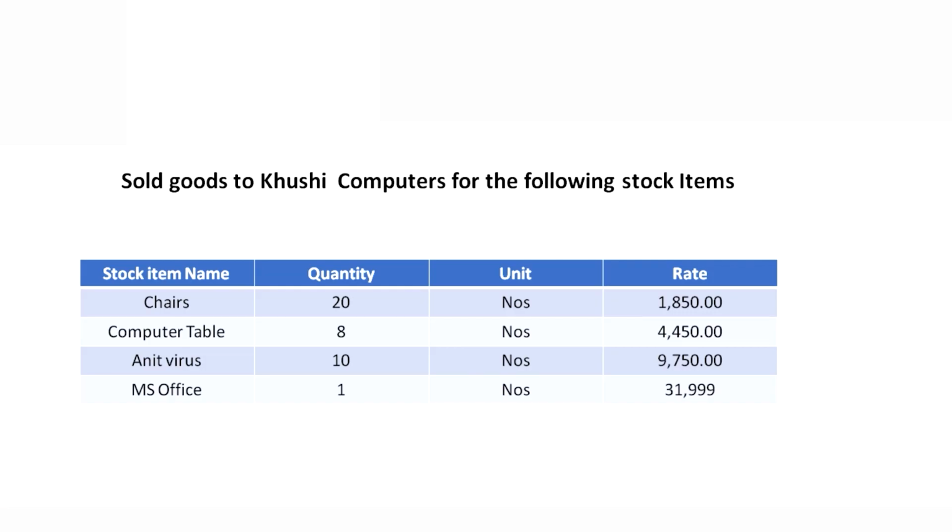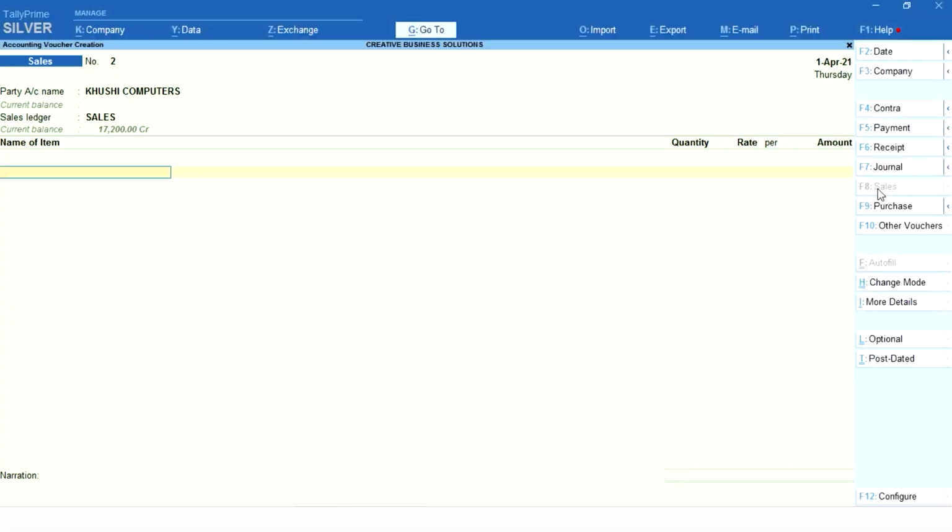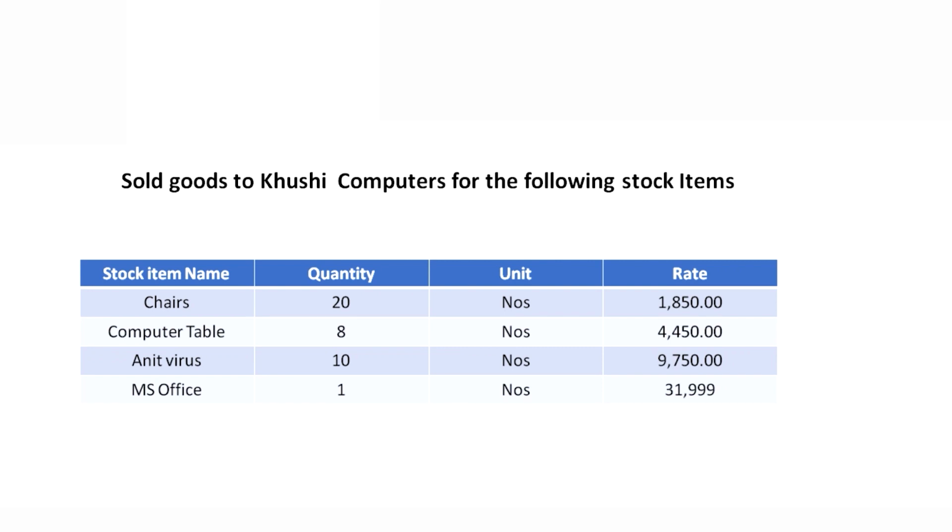Kushi Computers. So we have sold chair of 20 numbers at 1850. So the next item is computer table 8 numbers at 4450.